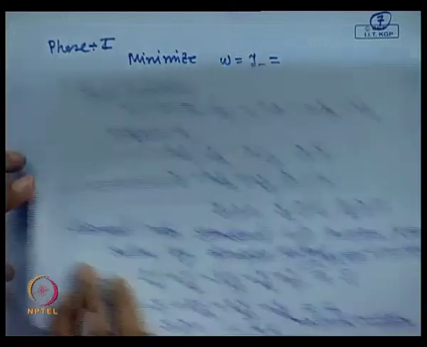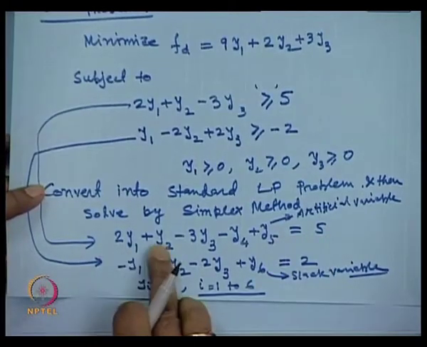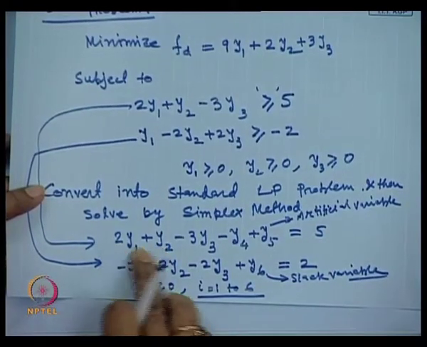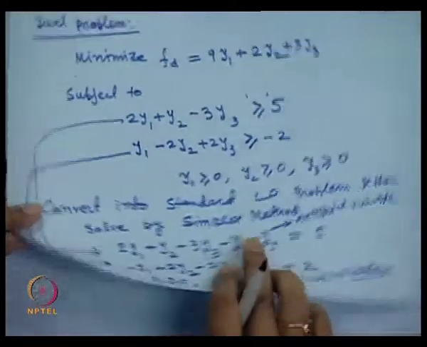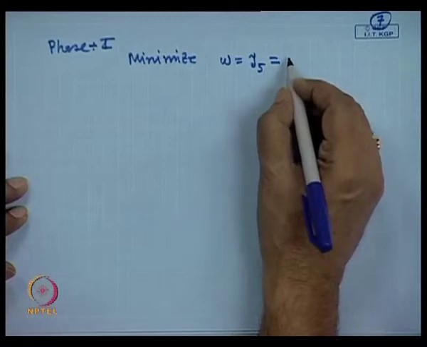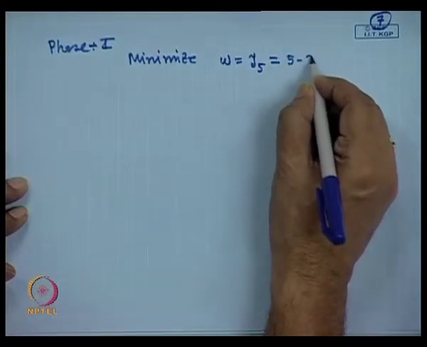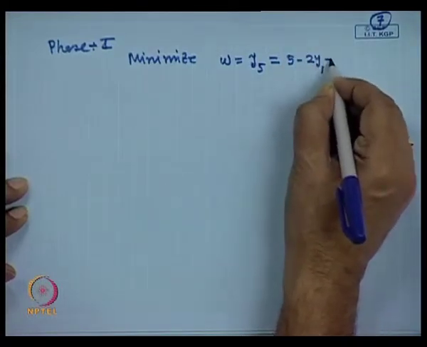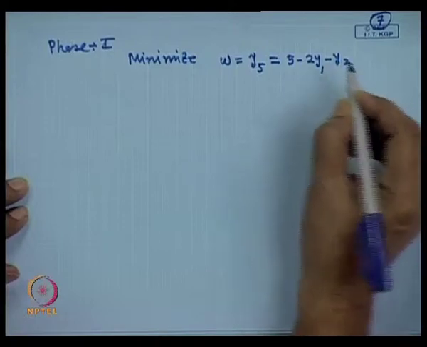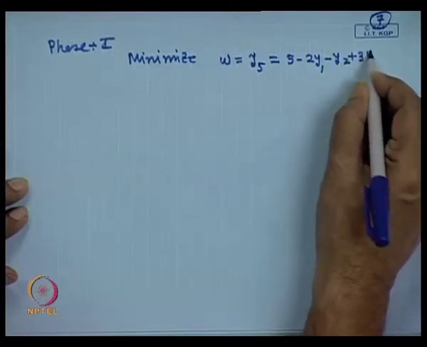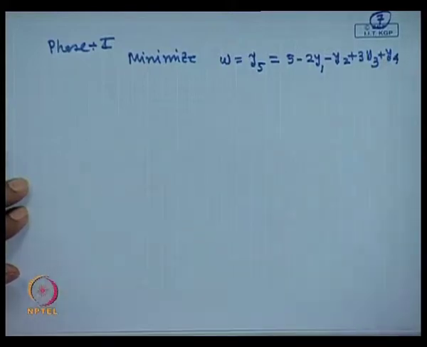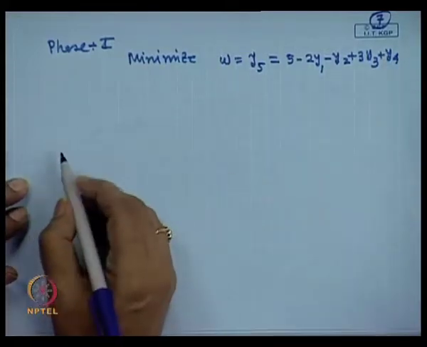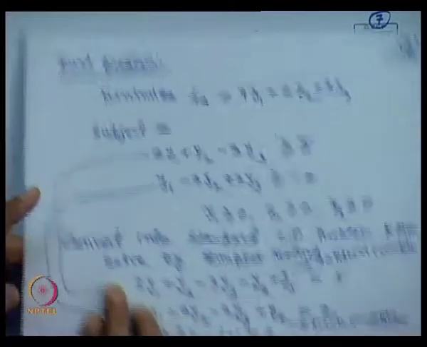It is 5 minus 2 y1 minus y2, plus 3 y3 plus y4. So, this is our objective function, subject to what?